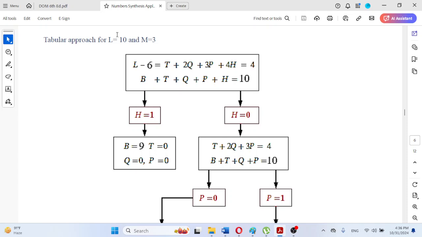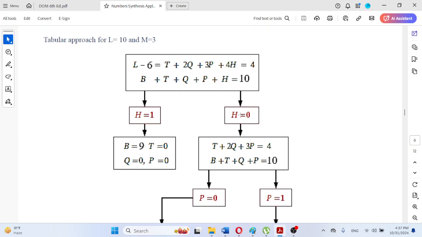So if the total number of links is 10, then 10 minus 6 will be equal to 4. And in the lower equation, B plus T plus Q plus P will be equal to the total number of links, which is 10. So these two sets of equations will be our starting equations. So again, if we observe the first or upper equation, we will be starting from the highest order link, which is hexagonal.